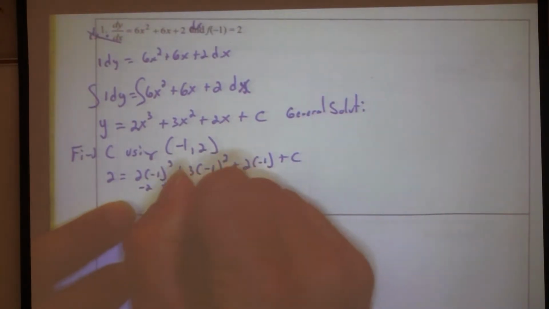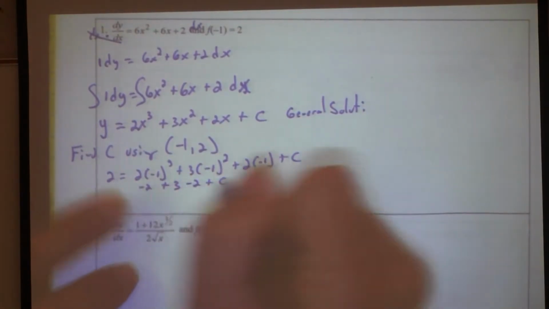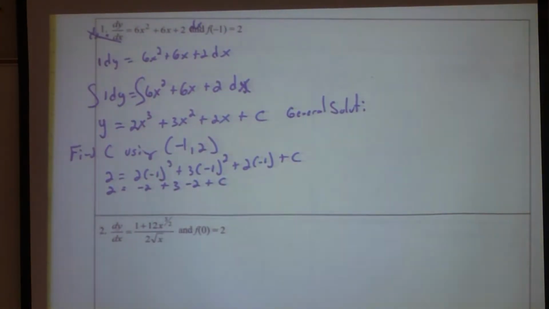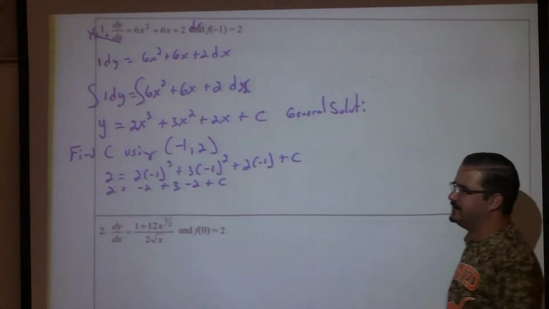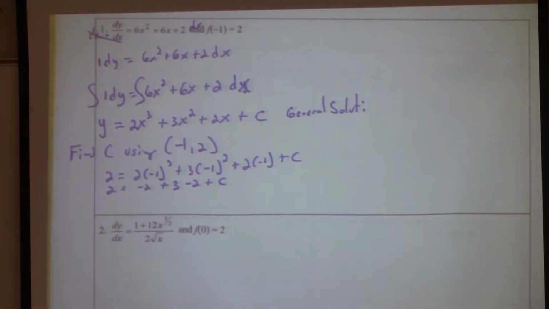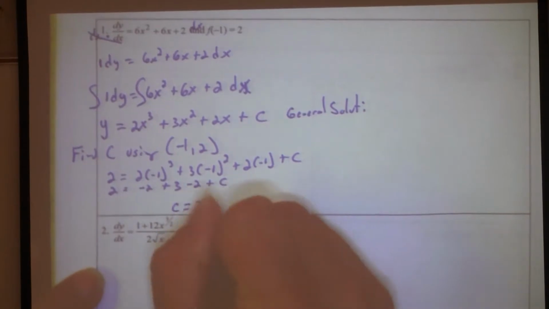Negative 2 plus 3 minus 2 plus C is equal to 2. So that's negative 4 plus 3. Negative 1. When I move it to the other side, I do plus 1. So I get C equals what? 3. Are we okay?